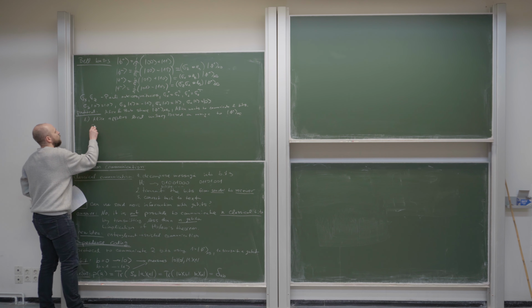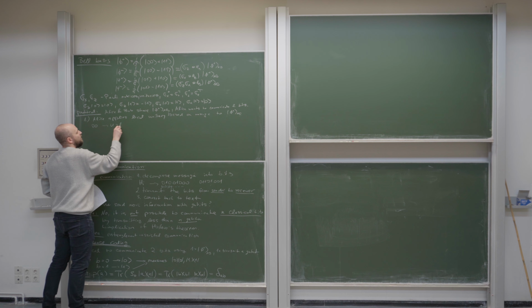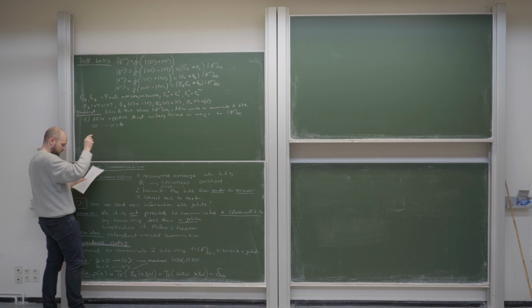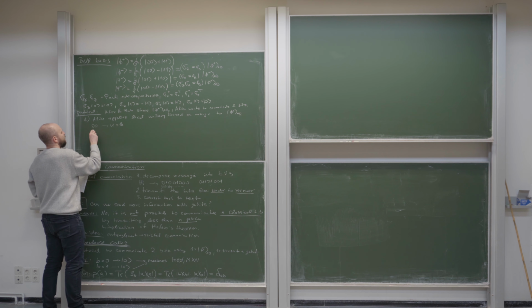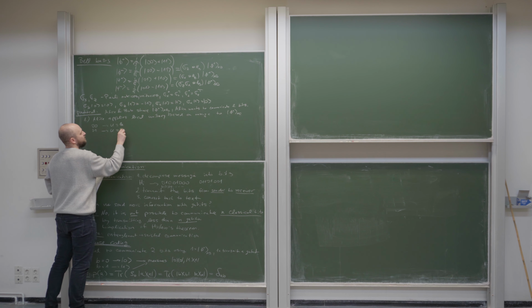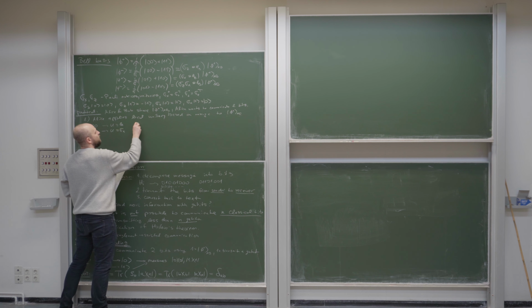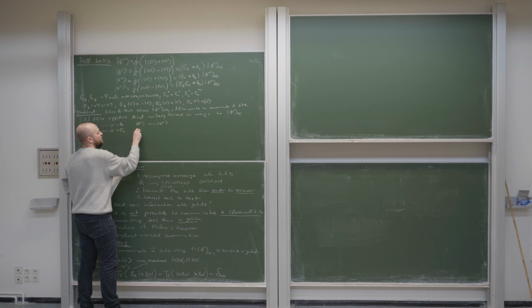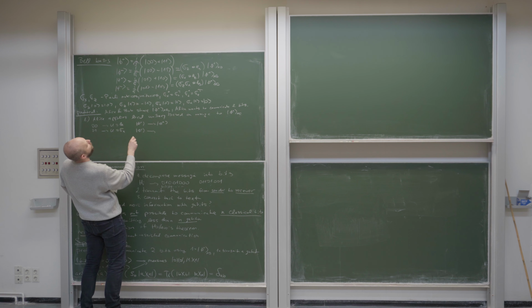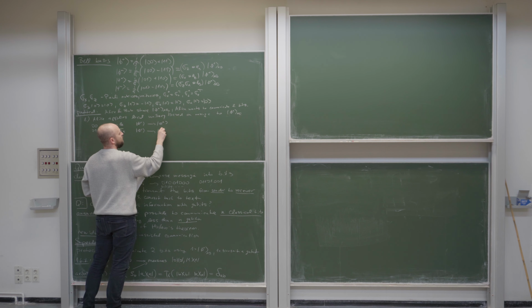So if the message is 0, 0, the unitary that Alice applies is identity. If the message is 0, 1, the unitary that Alice applies is sigma x. So here we map phi plus to phi plus by doing nothing. Here we map phi plus to, if we look it up there, psi plus.